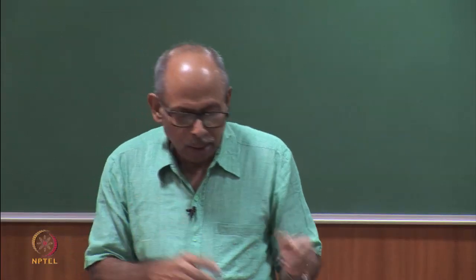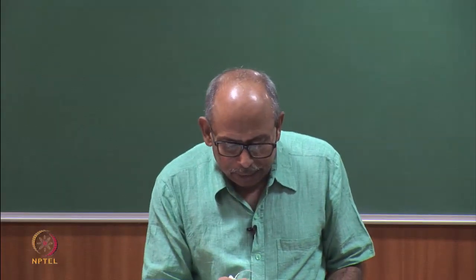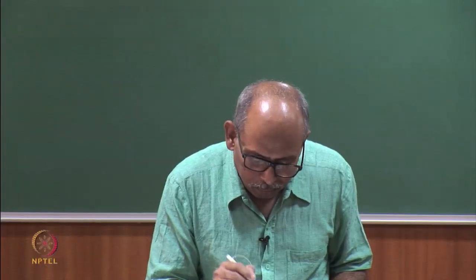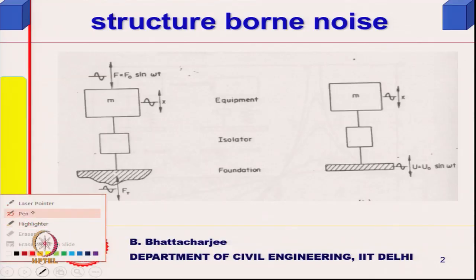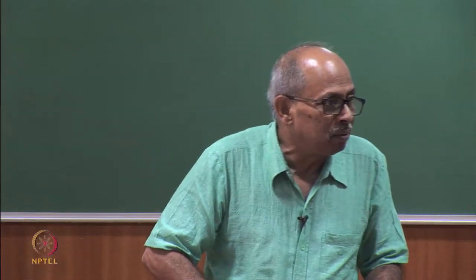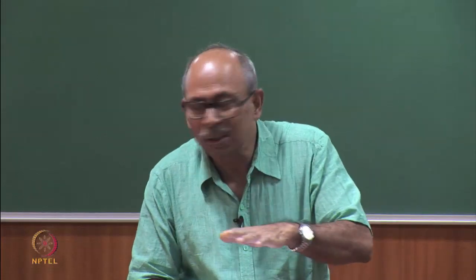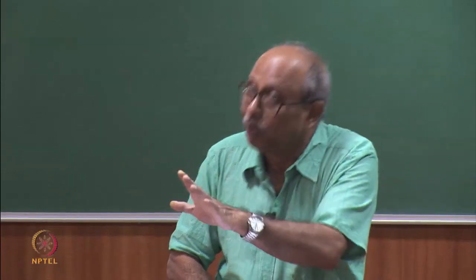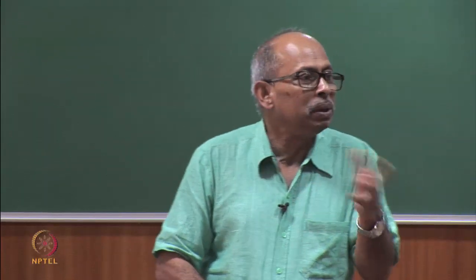This is the isolator and this is my structure, the foundation or the structure, whatever we call it. Since they are machines and I know the pattern of their vibration, isolation is usually for machines. Structure-borne noise comes from machines, but it also can be random. We will look at that later on. Let us see the one which is known.